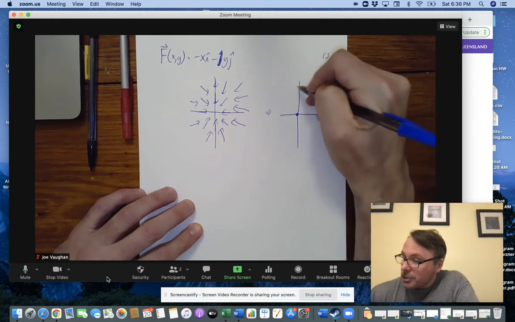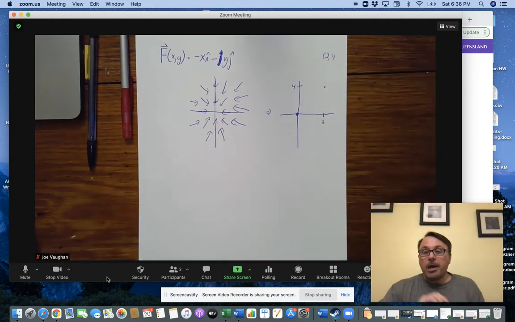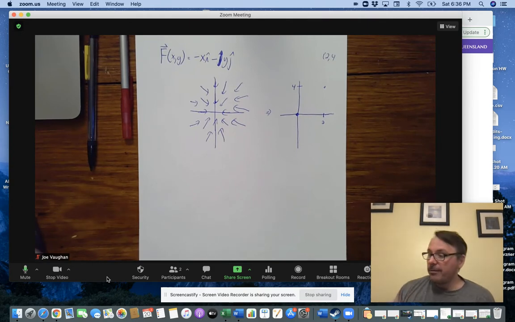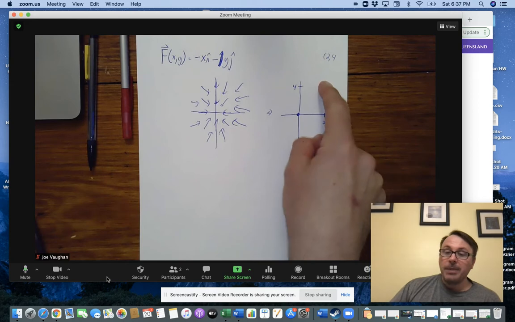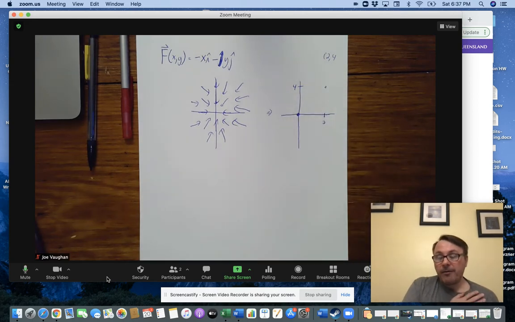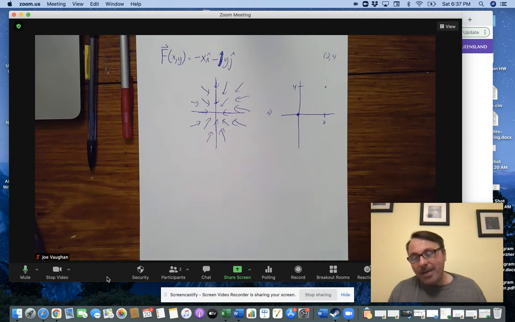And what I want to do is show a couple of paths moving from the origin to 2, 4, and see if I get the same amount of work along those paths. Every time we do these, they are called path integrals, where we're integrating along a very specific path. So it's not just merely between 2 bounds, because I have a multivariable function here. So the path that I choose to go between those bounds is really important.